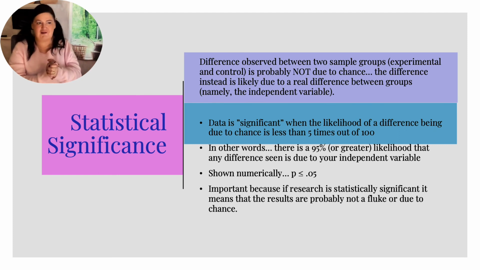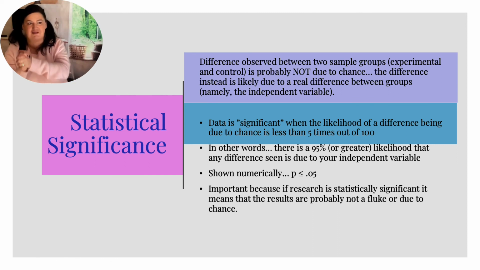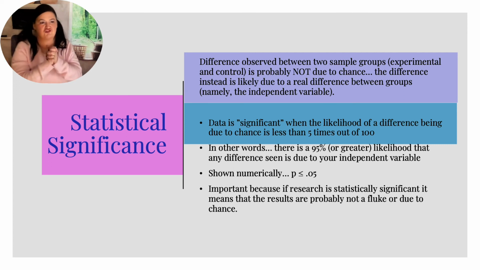And it just means the data is, quote, significant when the likelihood that the difference between your experimental group, the one that got the caffeine, and your control group, the one that didn't get the caffeine, is due to chance is less than 5%.